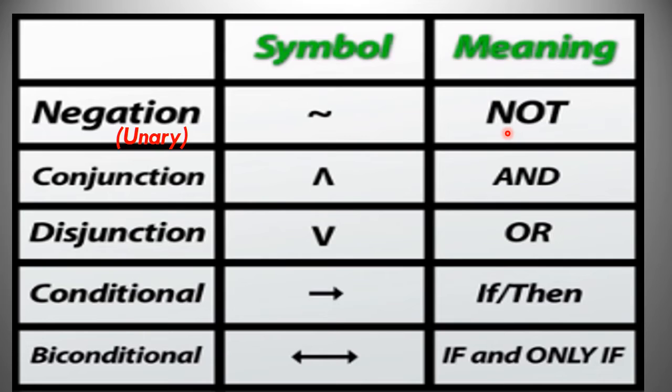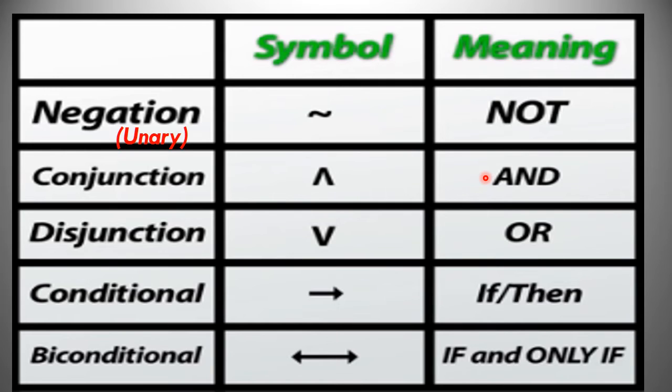Okay, the next logical operator is conjunction. Conjunction means combining. Again, this combines two statements, and the keyword is and. That means if you have two statements P and Q, then the conjunction is P and Q. We just write it together. We combine it.